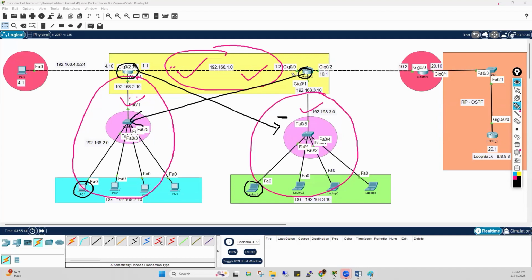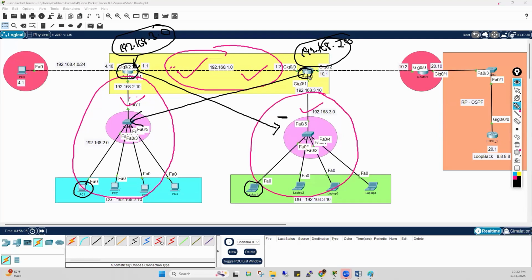So if I want to make communication possible, we need to provide the 192.168.3.0 network ID manually here, and on this router the 192.168.2.0 network manually. If you do not provide it, you are not able to communicate.